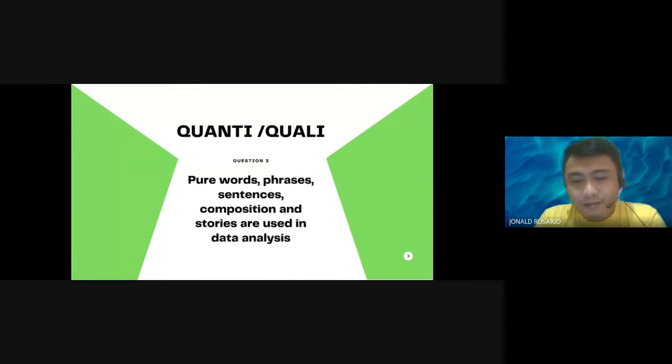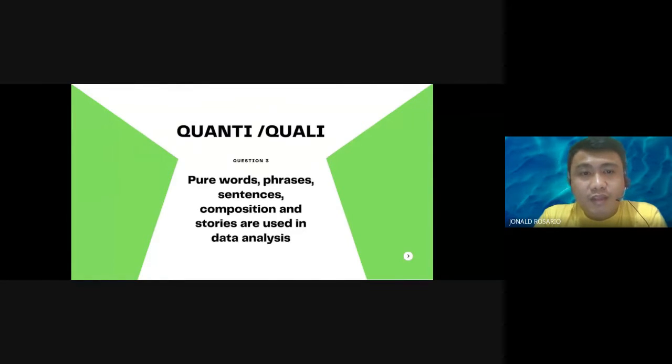Just like what Judiniel said a while ago, the data in qualitative research are in words. They are in narratives, phrases, sentences, compositions. Unlike in quantitative research, where the form of our data is numerical.